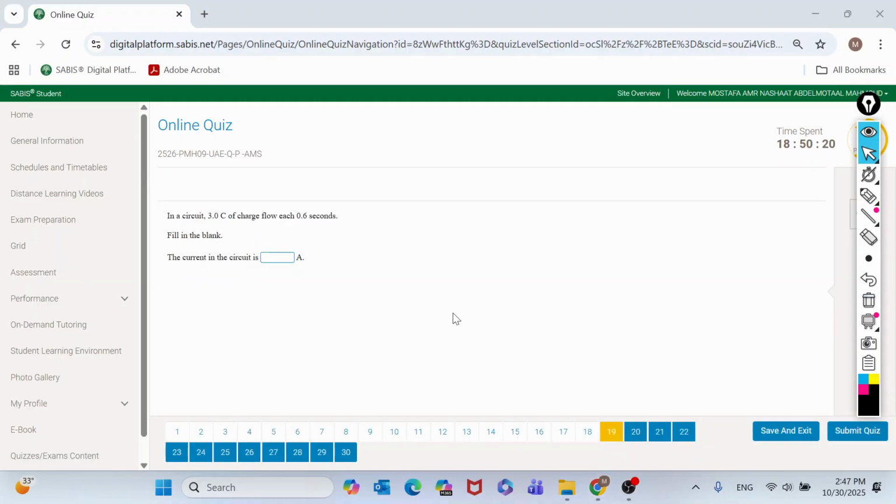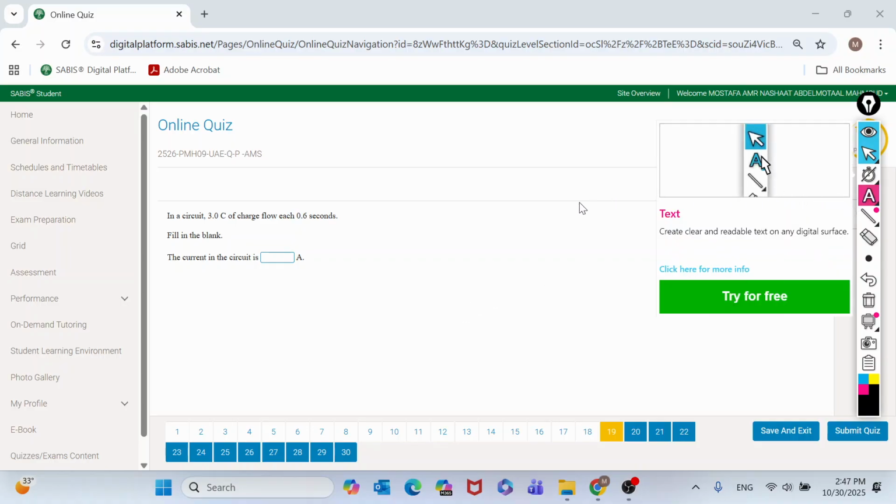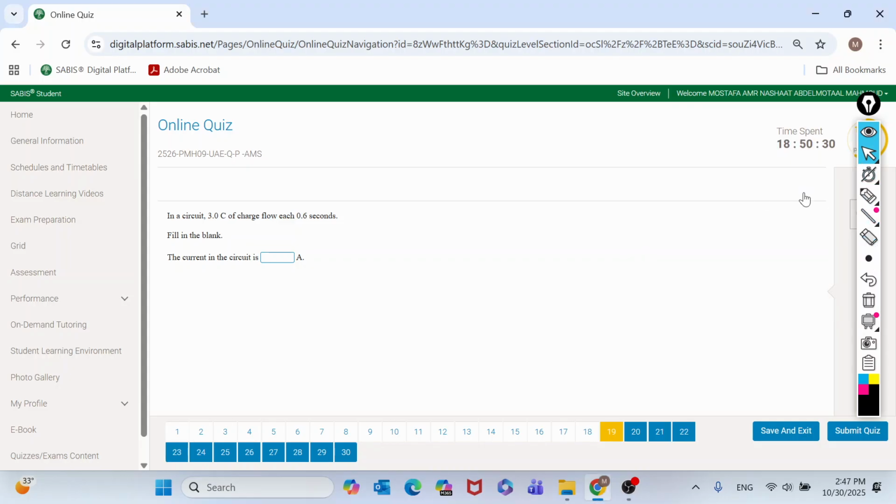The current in the circuit. So the charge Q equals I times T. So 3 equals the current times 0.6.